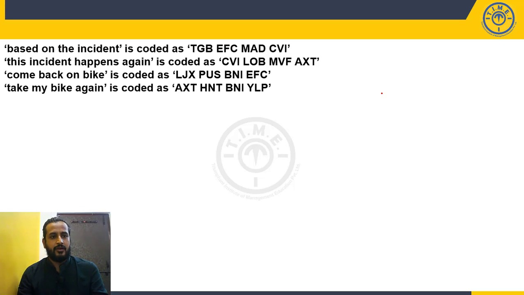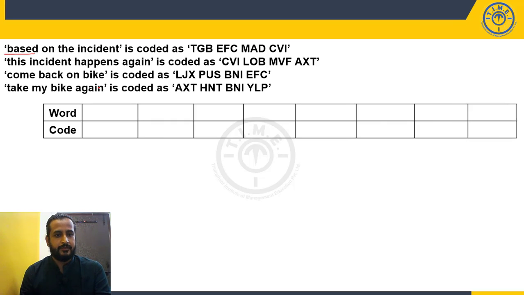Right. Now what are the statements given? Based on the incident, this incident happens again, come back on bike, take my bike again. Now the word based, do you have it common in any of the other statements? No. Okay, keep it aside. So far we are unable to find the code for the word based. On, yes.